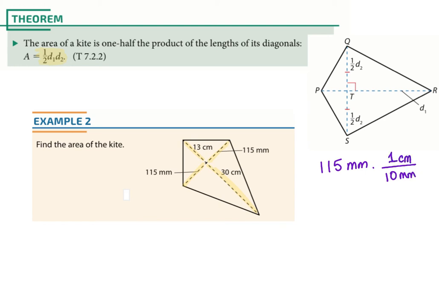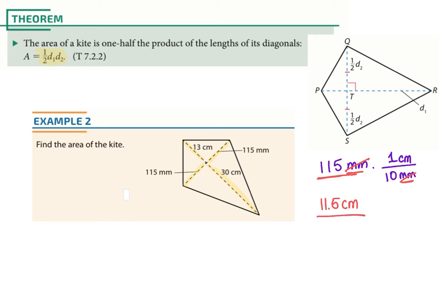When you're doing conversions, if what you're trying to get rid of is on top, it needs to be on the bottom so they cancel. So 115 divided by 10 gives 11.5 centimeters. It just moves the decimal place over one. So 115 millimeters equals 11.5 centimeters.